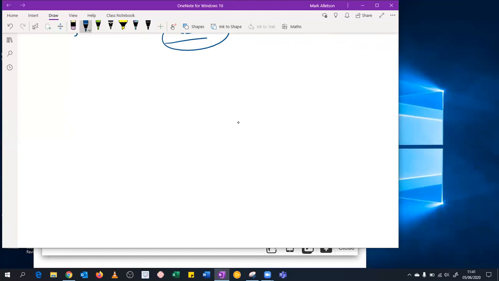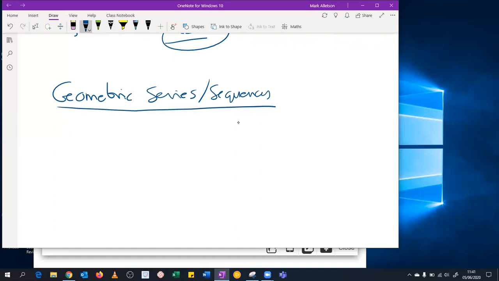So, next section is now the geometric series and sequences. And this is where, rather than adding, we are having a multiplication or a ratio. Remember the r number, connecting the terms. So geometric series, to remind you from yesterday, you just need a starting number and then a ratio.